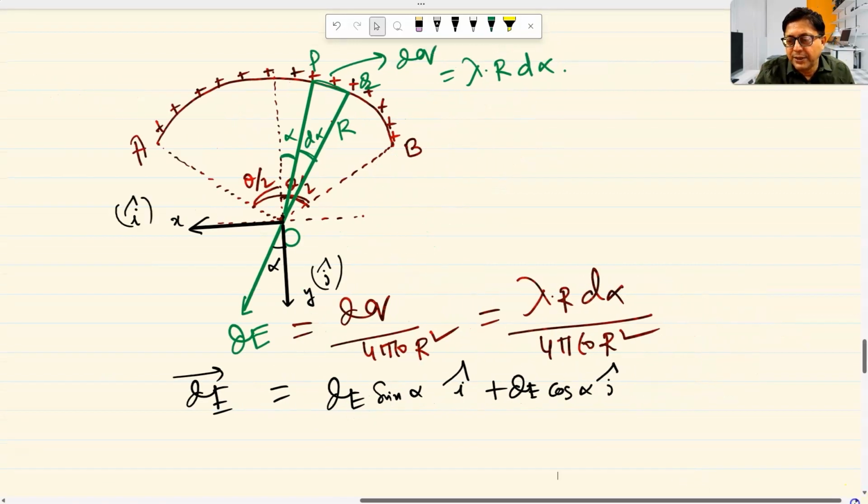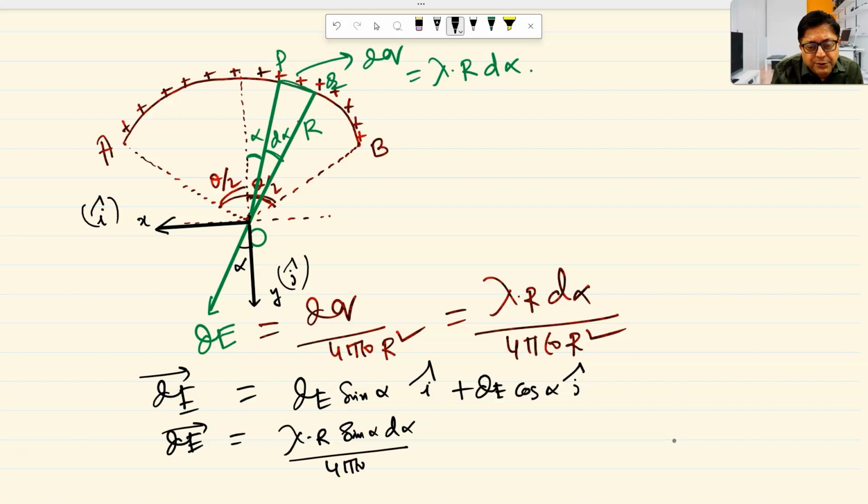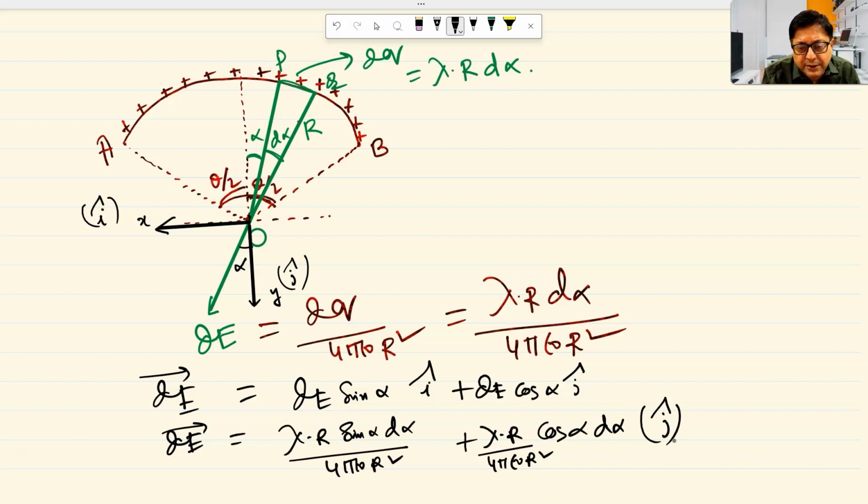Now let us write the value of dE over there. dE vector is lambda r, this value we are putting here, by 4 pi epsilon 0 r square, sin alpha d alpha i vector, plus lambda into r by 4 pi epsilon 0 r square cos alpha d alpha j vector.